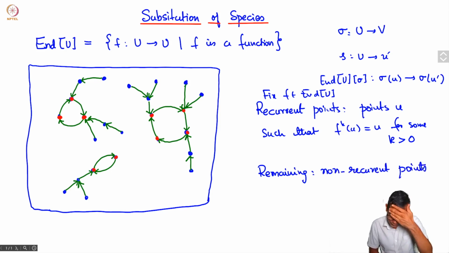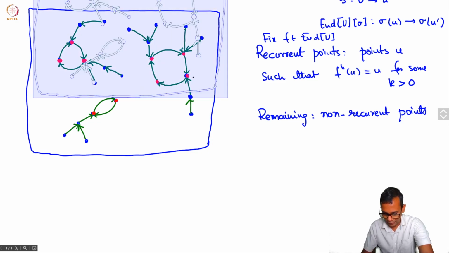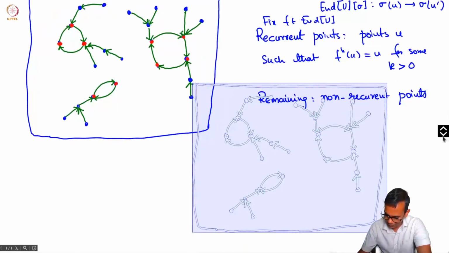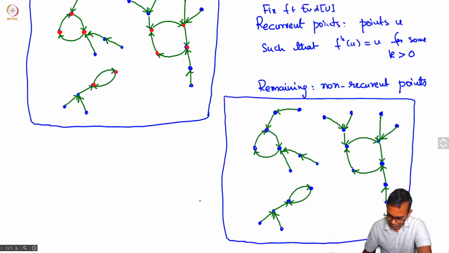Now there's another way of viewing these endofunctions, and let me just change your perspective a little bit on this, and that is you can view each of these recurrent points as the root of a tree.